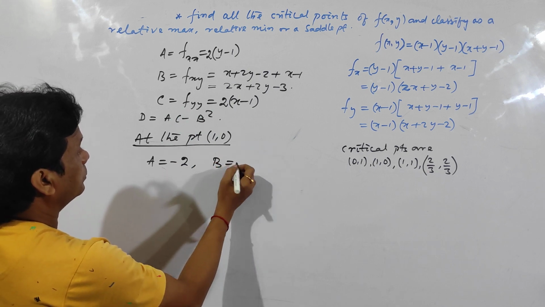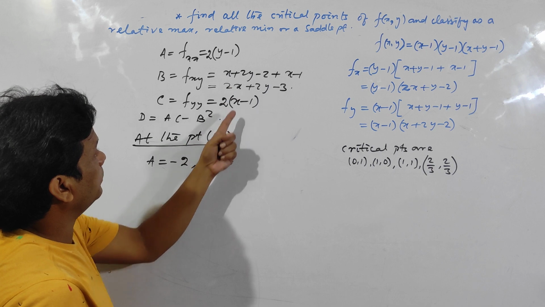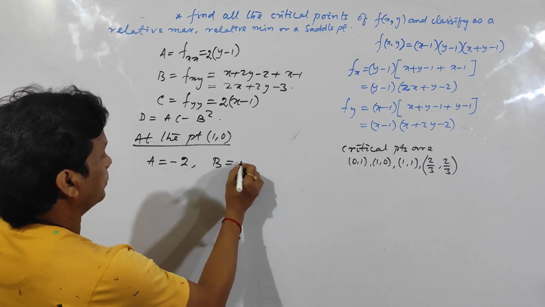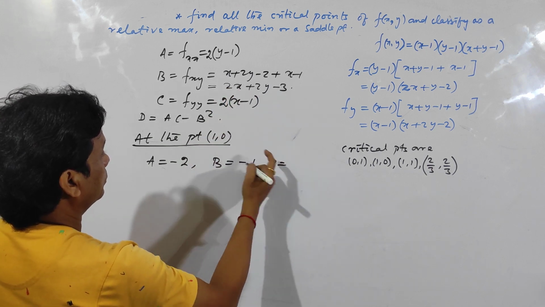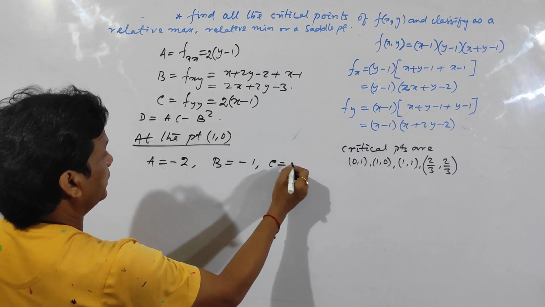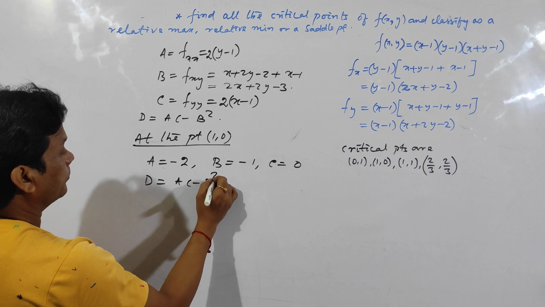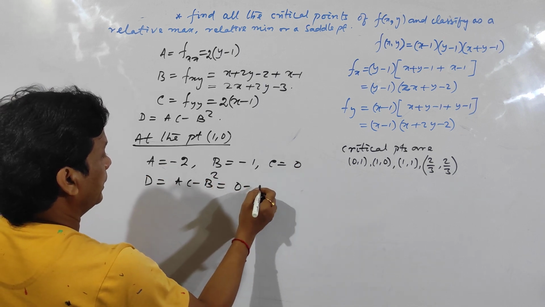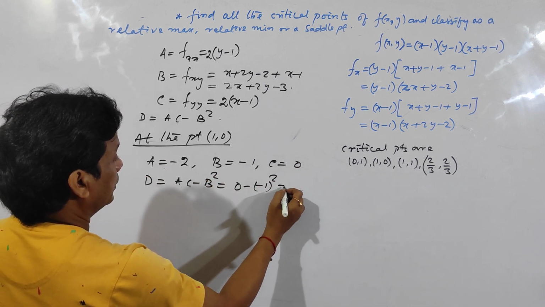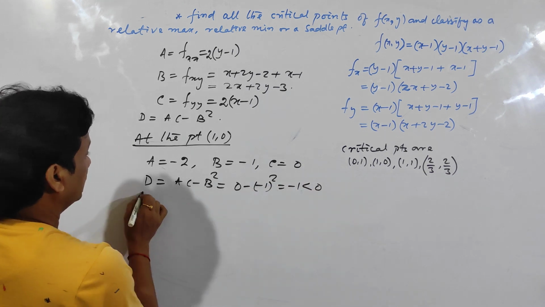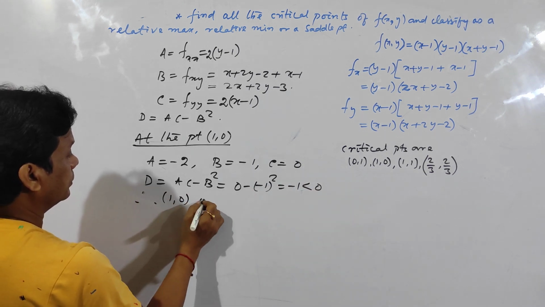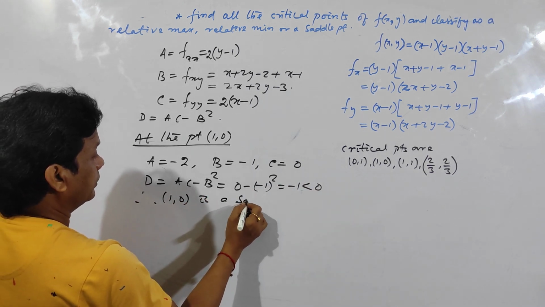And B is equal to, x equal to 1, y equal to 0, 2 minus 3, it is minus 1. And C is equal to, x equal to 1 means 0. And D is equal to AC minus B square. AC is 0, minus 1 square. It is also minus 1, less than 0. Therefore, (1, 0) is a saddle point.